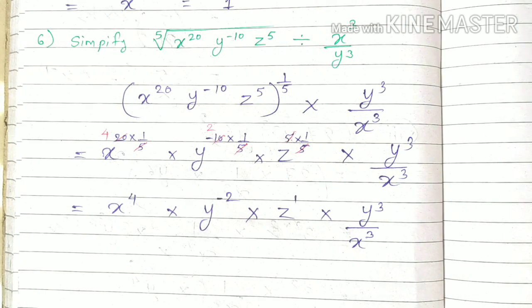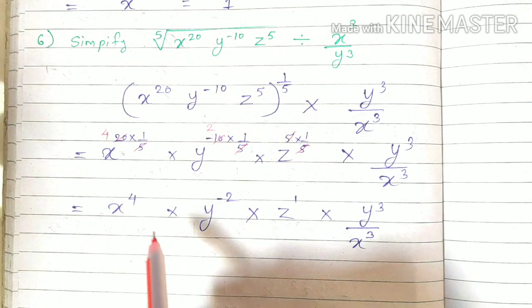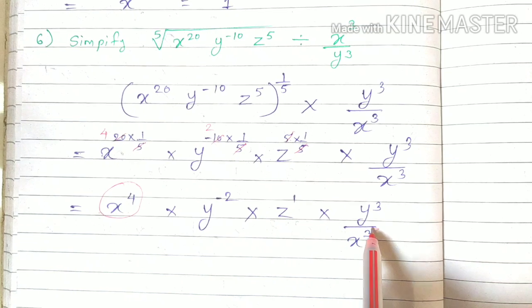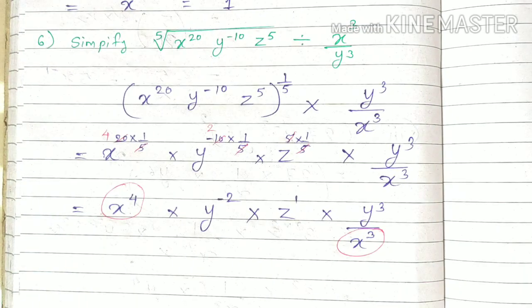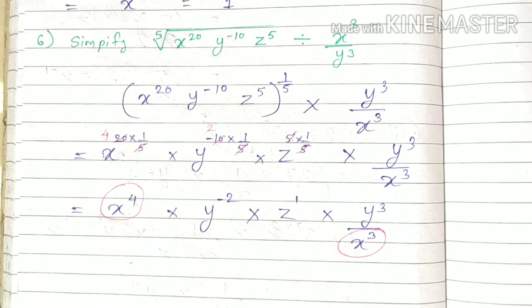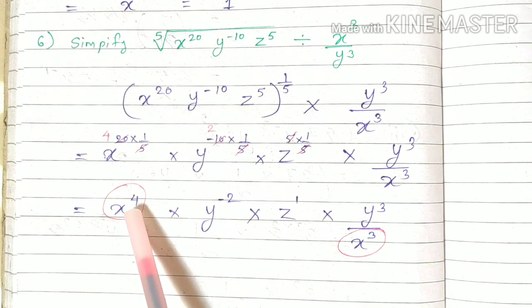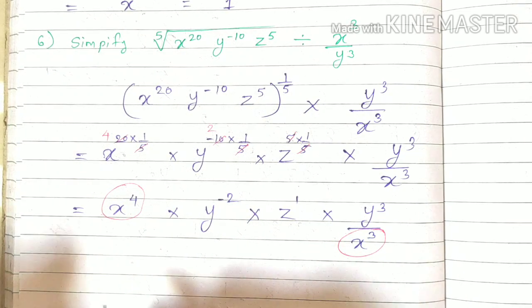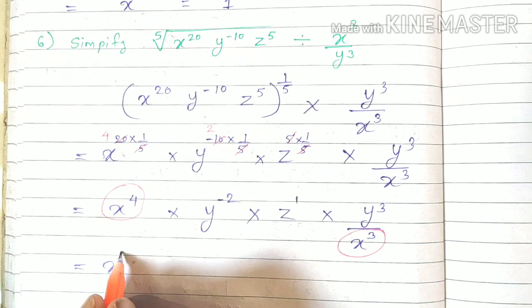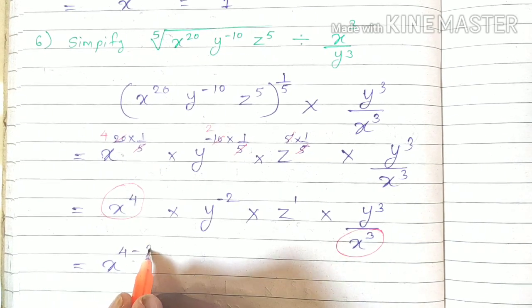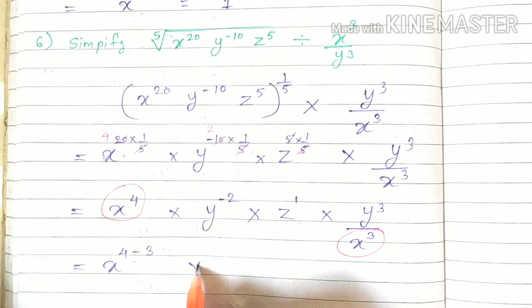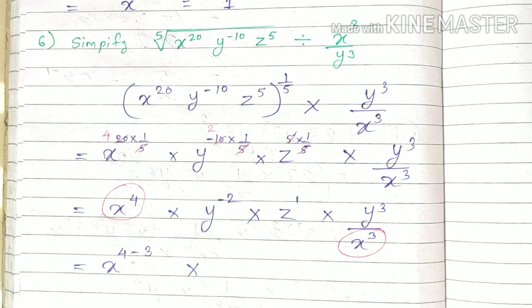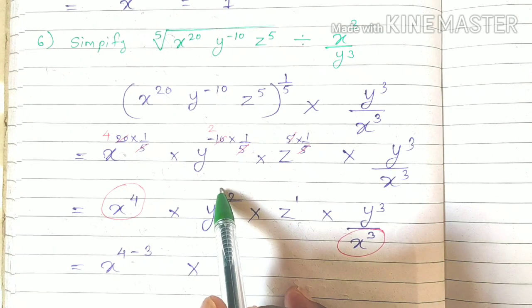now students, tell me, are there some same powers, or we can say same bases? These two have the same base, but one is in the numerator and another is in the denominator. That means there must be the subtraction of the powers of these two. Okay, so we can say that x raised to 4 minus 3 multiplied by, next term is with the base y.